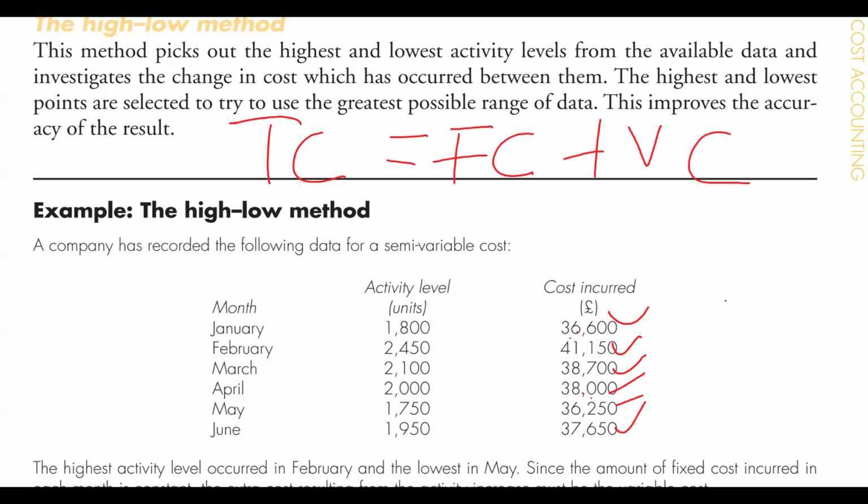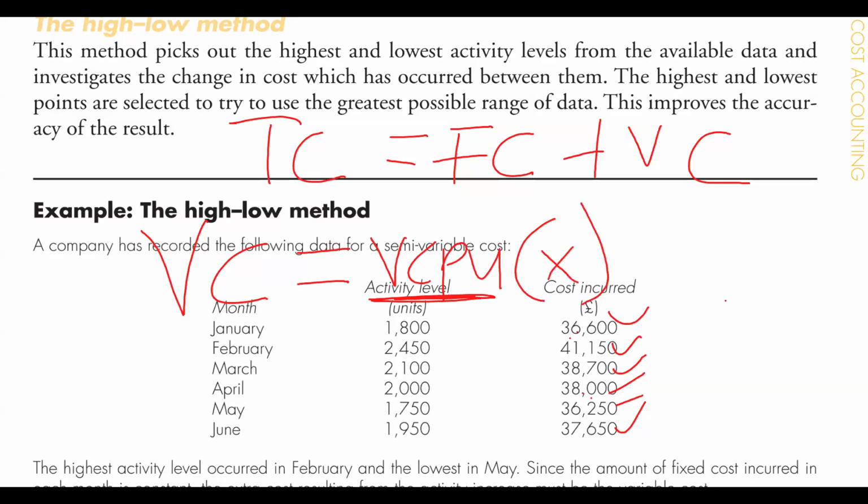Once that has been done, we need the understanding that for us to come up with the variable cost, we have to multiply the variable cost per unit by the level of output. Let me just write it like this: variable cost per unit multiplied by the level of output. Let's call the level of output X. You get it, right?